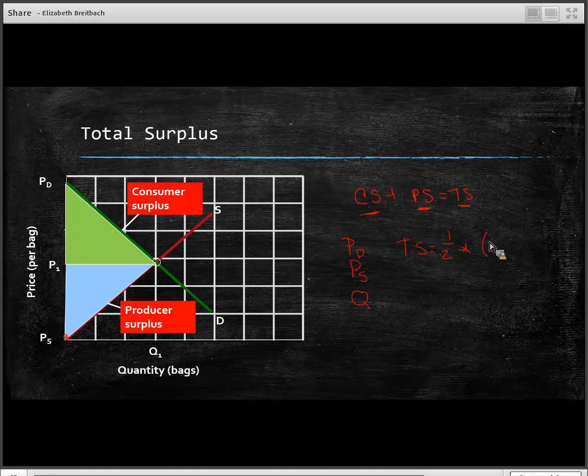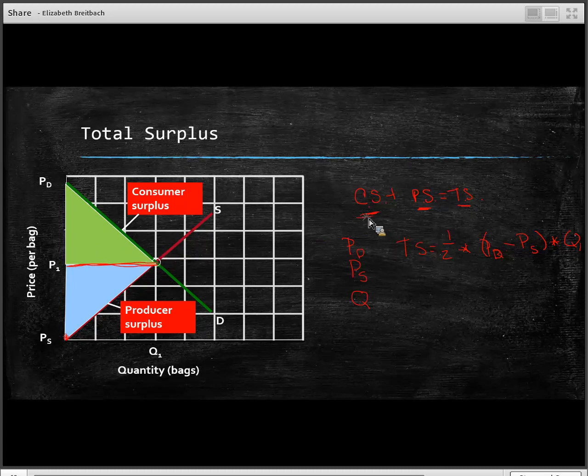So we take PD minus PS, and then we look at the base of our triangle, or the height, however you want to say it, from 0 to Q1. So that's going to give us our total surplus.